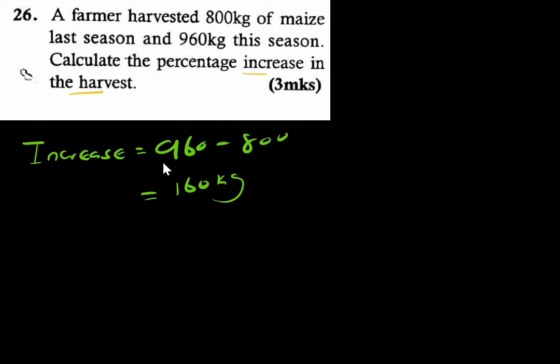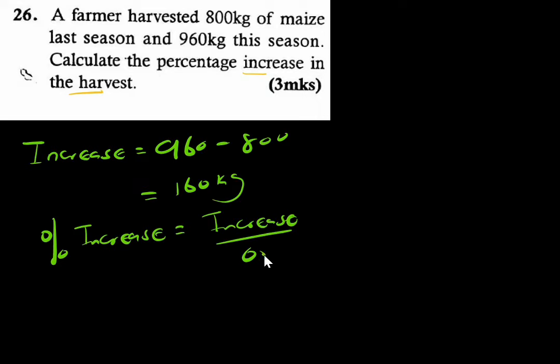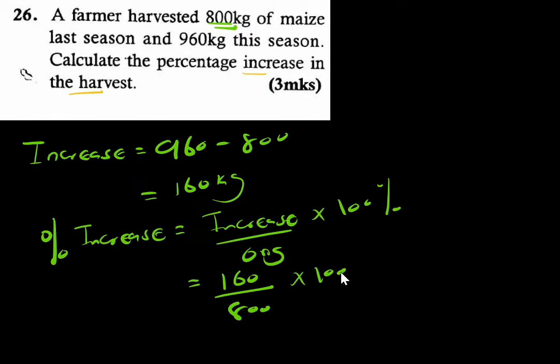The percentage increase will be the increase itself over the original multiplied by 100%. Now the increase is 160. So 160 over the original, which was 800, multiplied by 100.